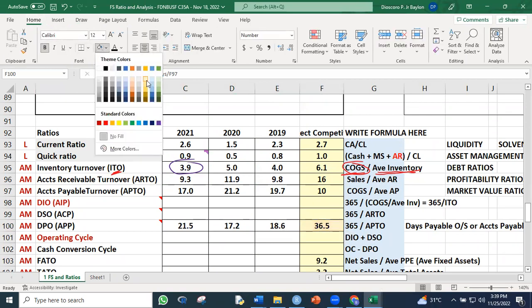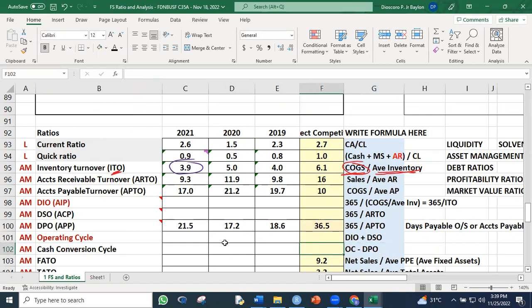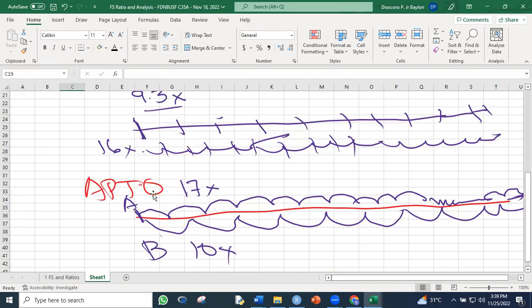So what can we see from the formula? 21.5 days. Let's now go back to our illustration. Each of these times is actually 21.5 days as far as our company is concerned.